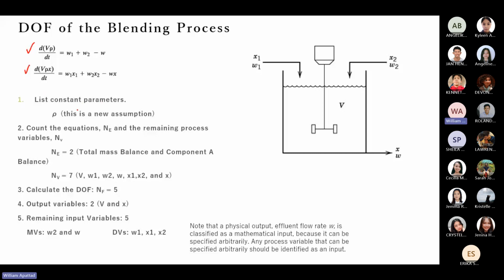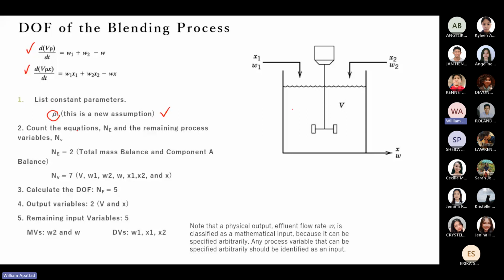So we can have density as constant. So density is constant daw. So baka isang kind of fluid lang meron dito. So density is constant all throughout. Okay, so we can have density constant. So this is a new assumption.